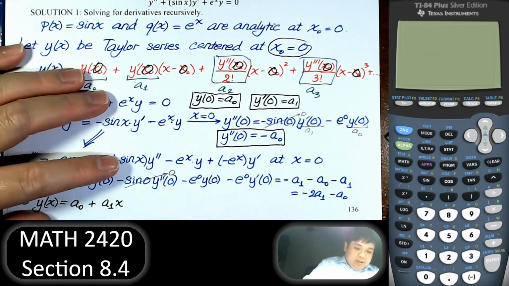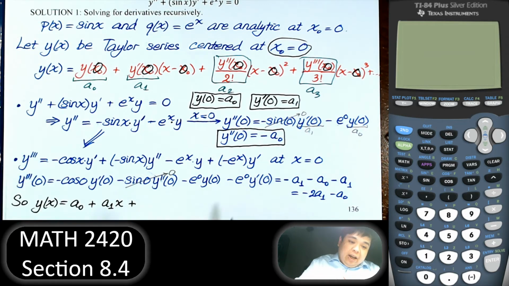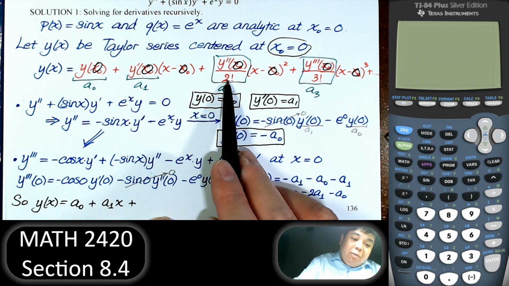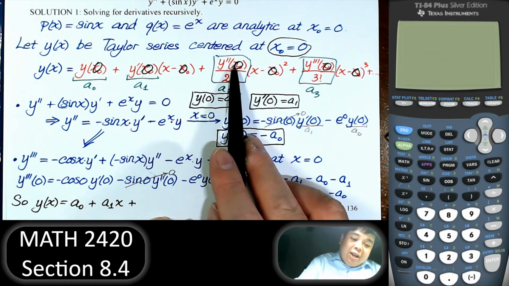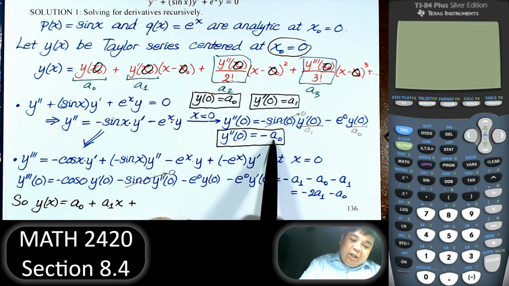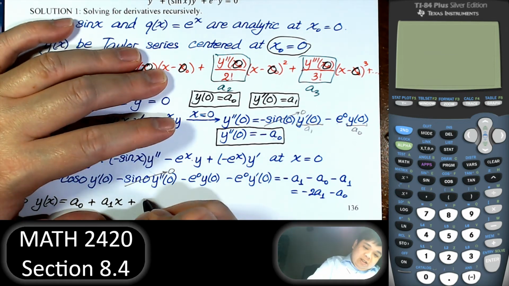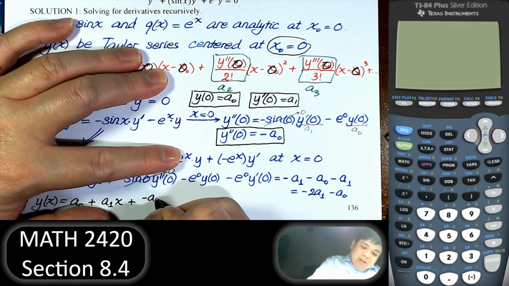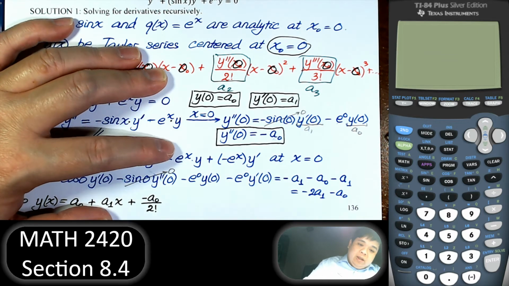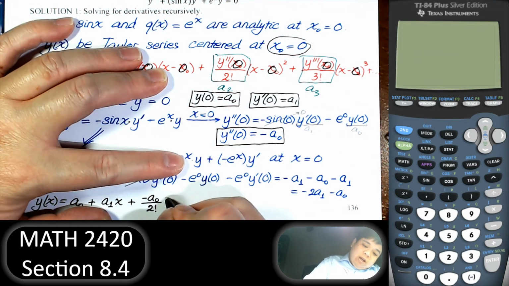Next, the second derivative divided by 2 factorial. The second derivative at 0 is negative a naught, over 2 factorial, times x minus 0 squared, or just x squared.